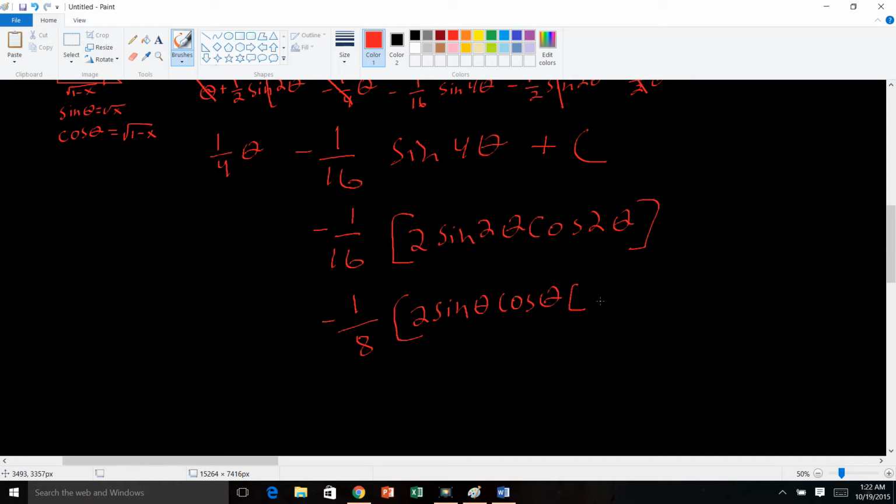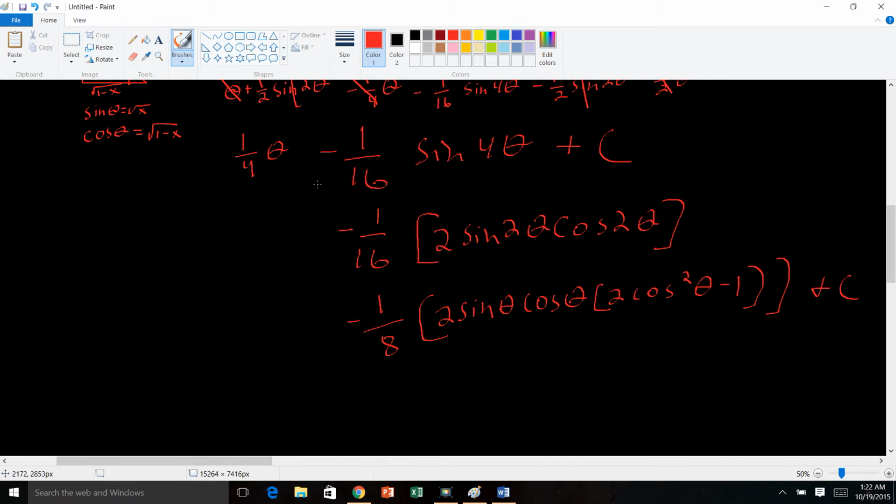Let's use 2 cosine squared theta minus 1. We have our plus theta down here, and we have our 1/4 theta right here.